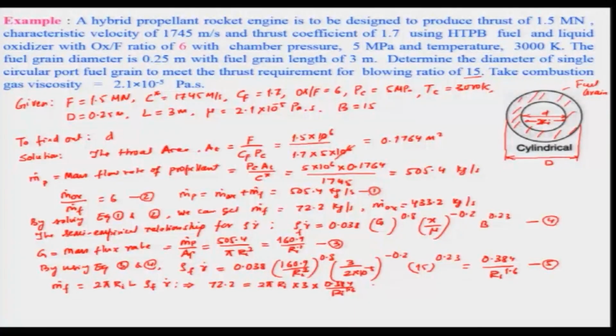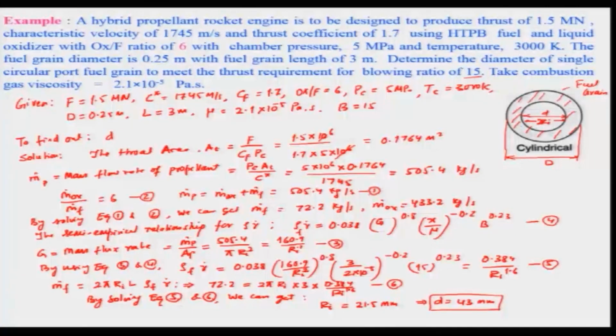So, this is your equation 6. So, by solving equations 5 and 6, we can get that r I is equal to 21.5 millimeter. So, therefore, the D will be 43 mm. So, we can find out this is your port area.